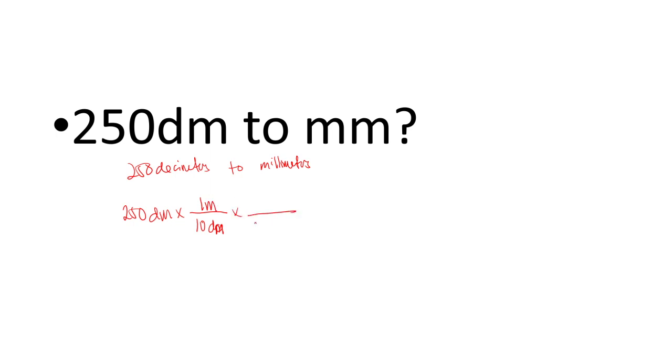Then 1 meter is 1000 millimeters. Decimeter, decimeter, meter, meter. We have 250 divided by 10, multiplied by 1000. We have 25,000 millimeters.